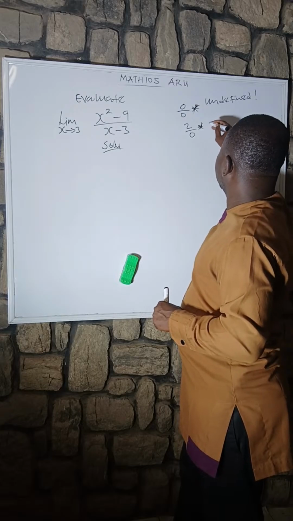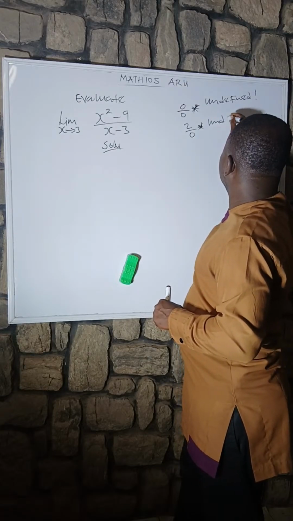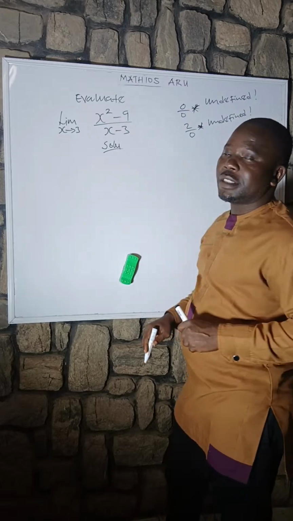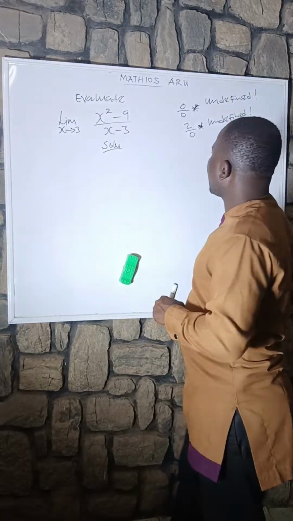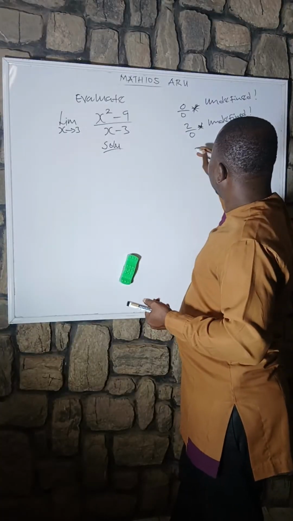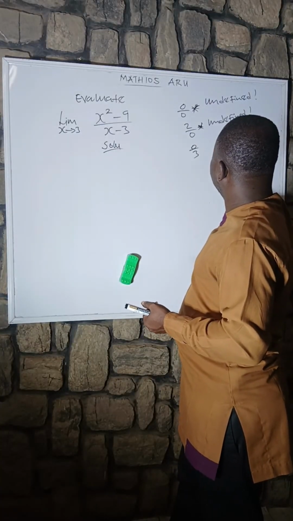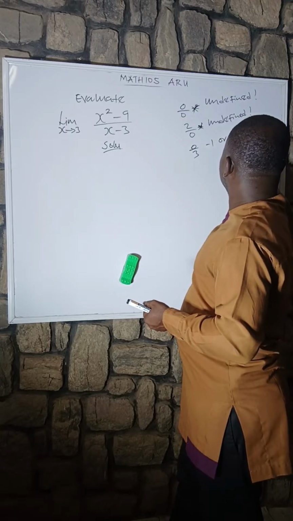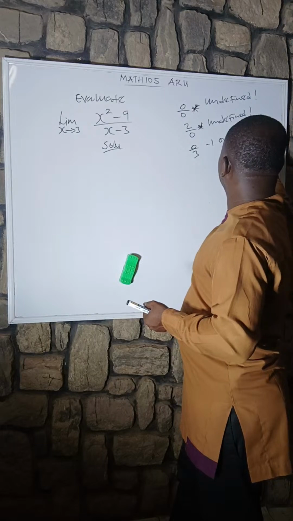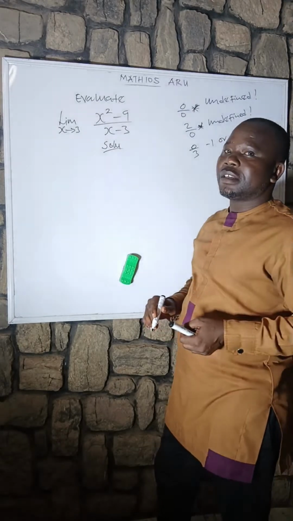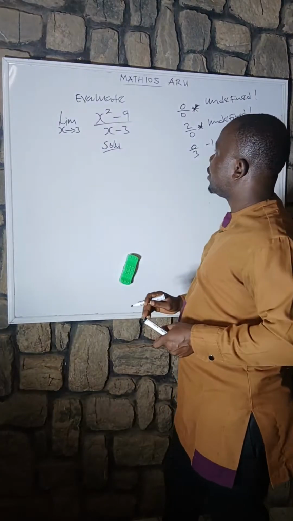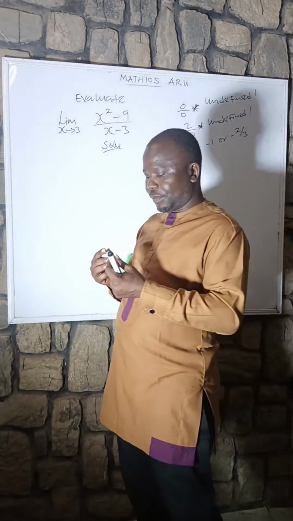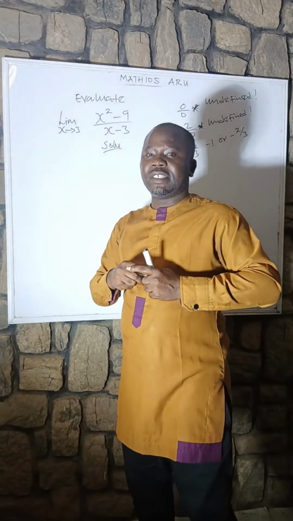Limit does not want it in this form either; this is also undefined. Do you agree with me? What limit wants is either 0 all over 3, or minus 1, or let me say 2 all over 3. These are defined. So to avoid all this, one has to be careful while evaluating the limit.